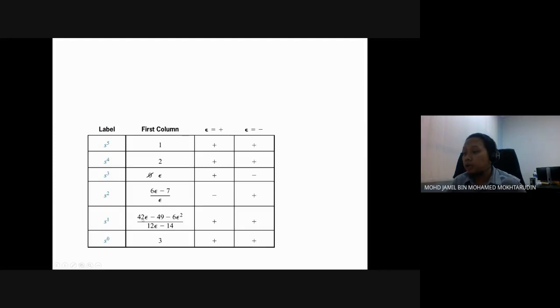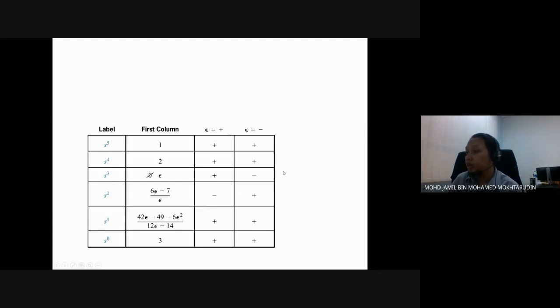And then on row s1, you also assume epsilon as a small number but positive, maybe 0.1 here. And when you calculate, you get a positive number. And then lastly, 3 is positive. So here you can check that there is one sign change, from positive to negative. And then from negative to positive is another sign change. So there are two sign changes.